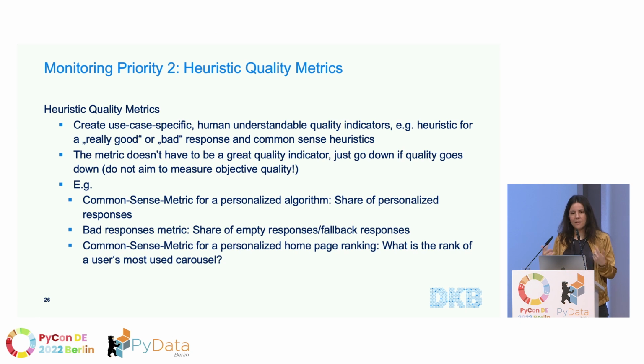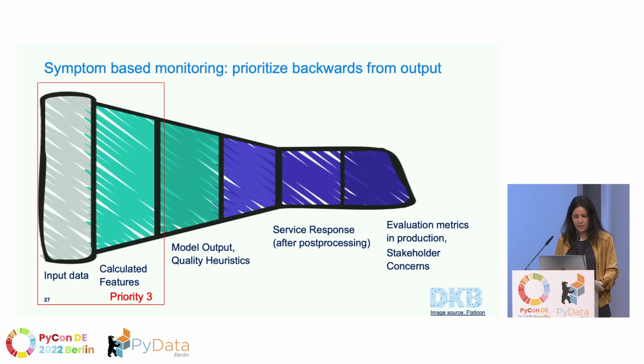It would be common sense that a personalized ranker shouldn't rank your most used item at the bottom. So this would be a nice baseline that you could monitor. What's the rank of your favorite one? No matter what personalized recommender you develop for the homepage, you can benchmark them all, and if one of them, with a release, makes a drop, that's probably a problem.